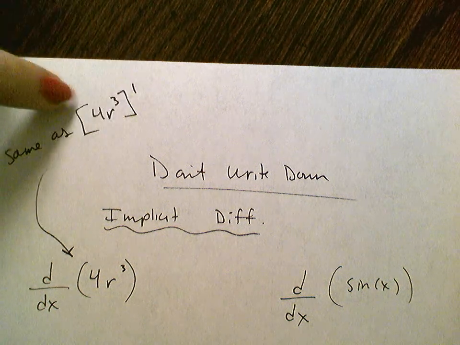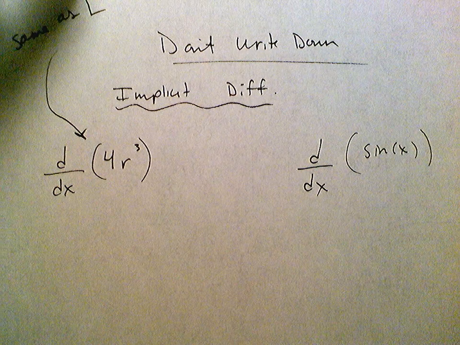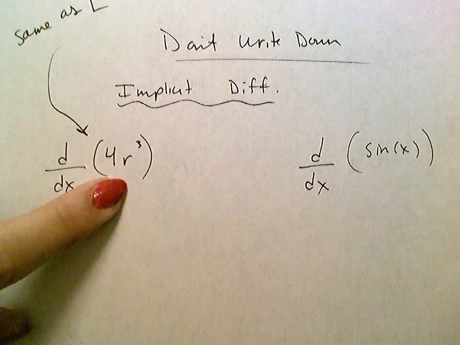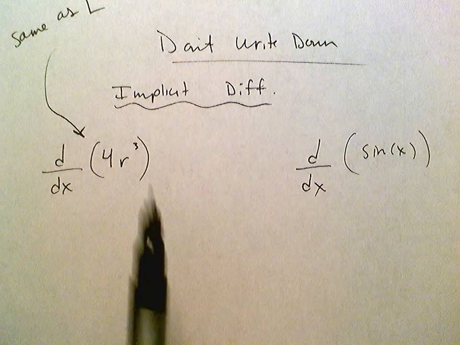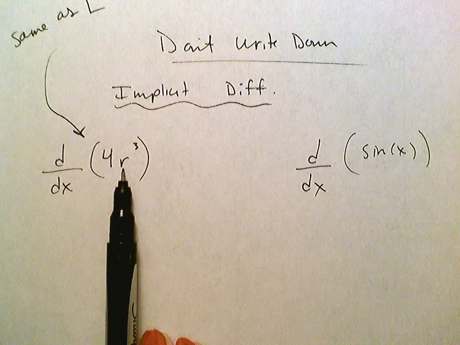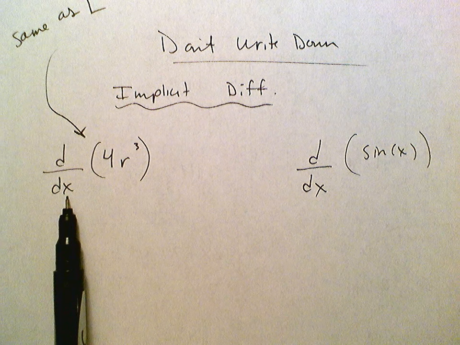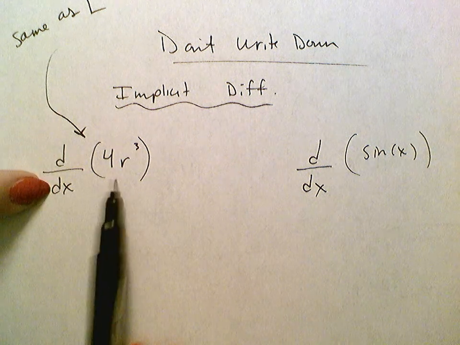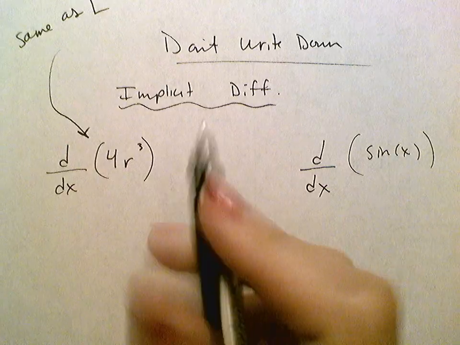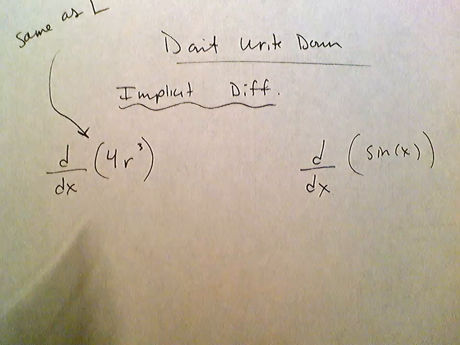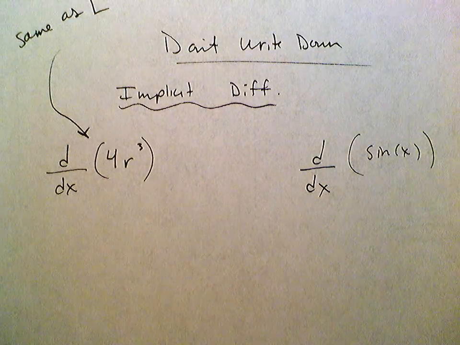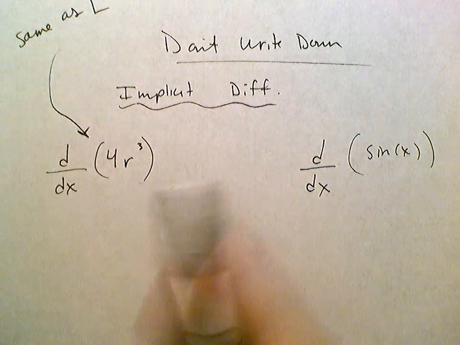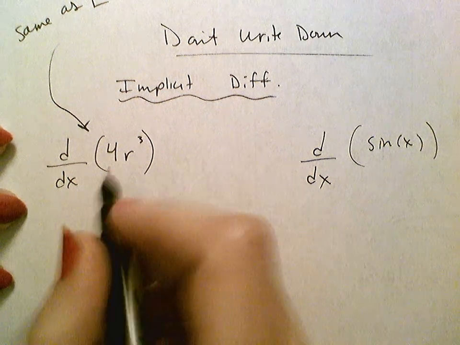It's sort of implied if I'm using this notation, but down here, if I see d dx and then 4r to the third, I know that r is not the independent variable. X is the independent variable. So that's what this is telling me. It's saying take the derivative with respect to x of that. And so r is not the innermost input. X is, but I don't see it in the expression.